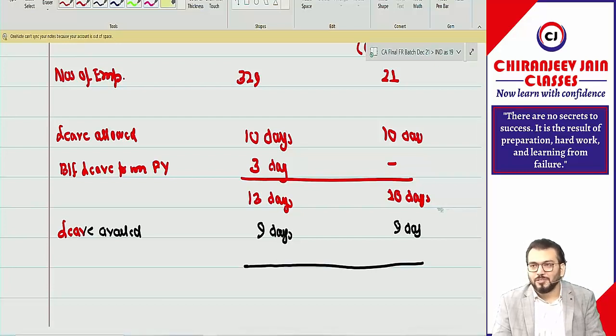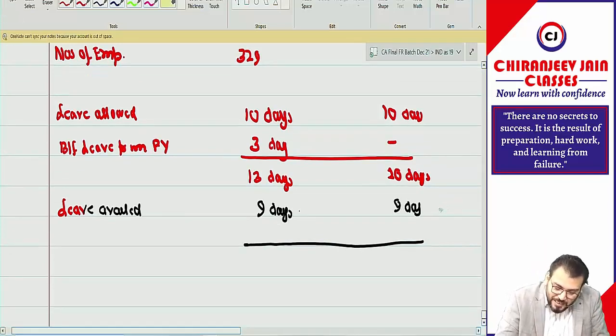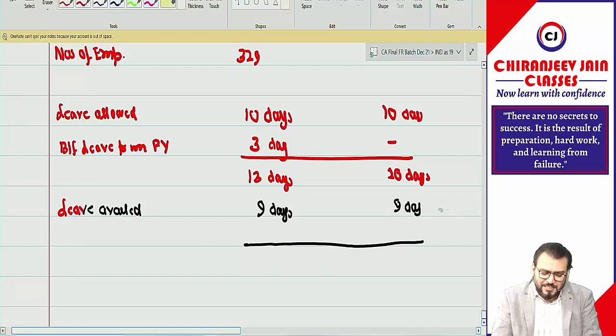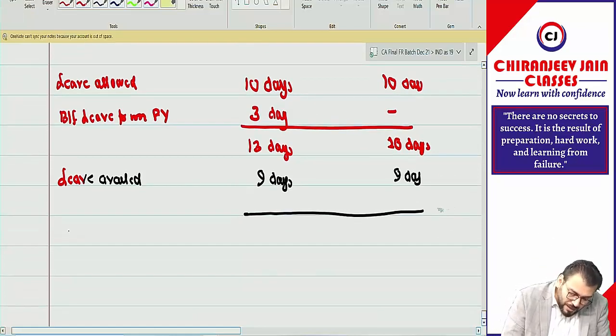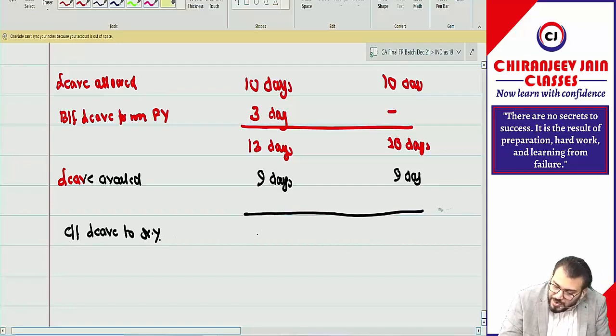Of course, always assume FIFO only. Don't assume LIFO by your own. Correct? Whenever it is FIFO, it's very easy. What is the carry forward leave to next year? It is 13 minus 9, means 4 days, and this will be 1 day.